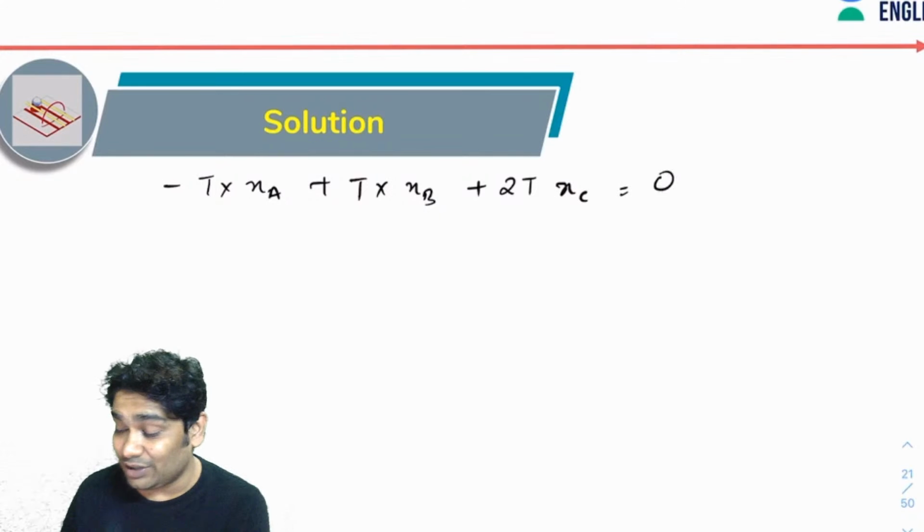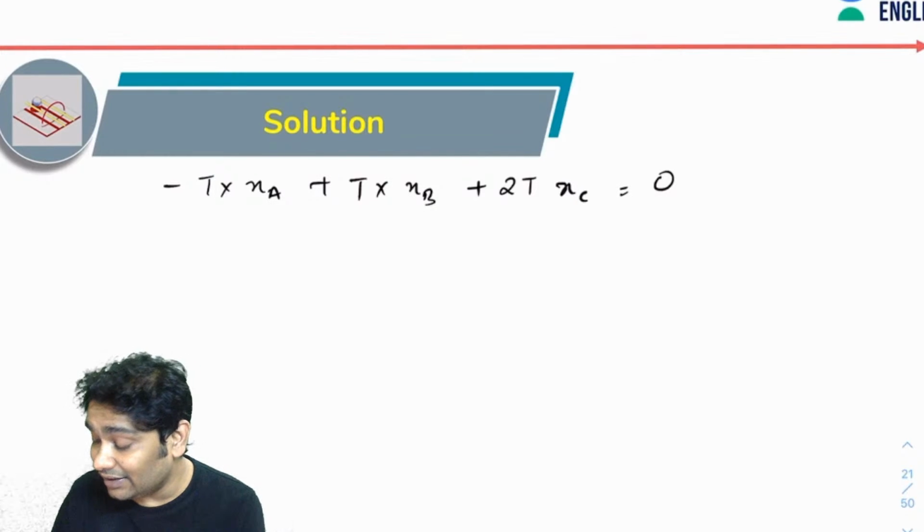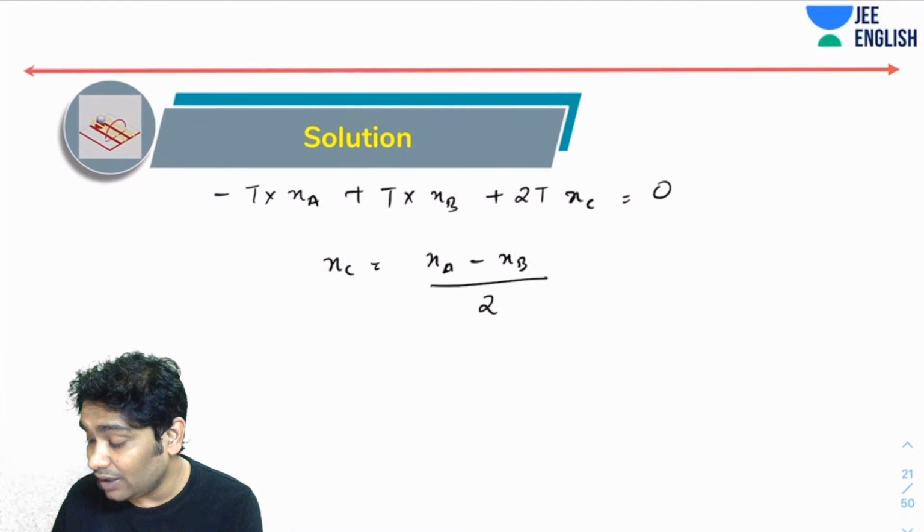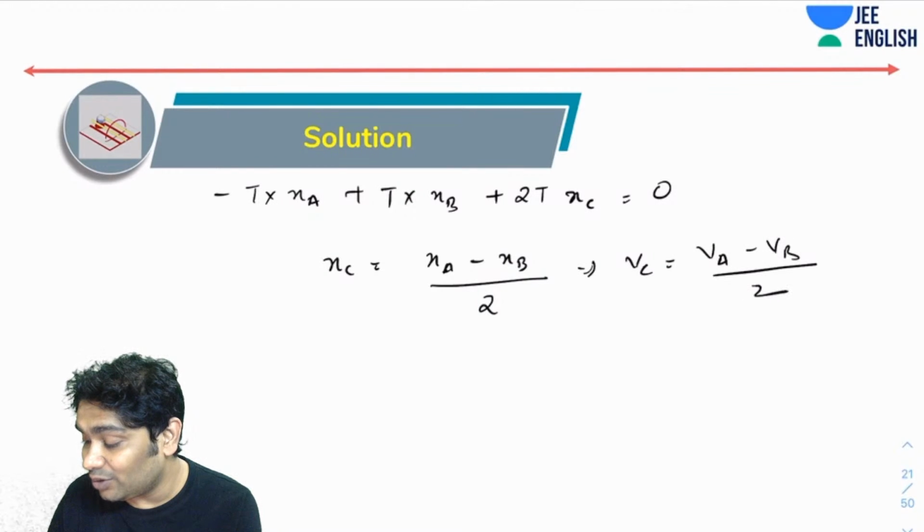This should be equal to 0, which would tell me that XC should be equal to XA minus XB over 2. So now, because of this, VC would be equal to VA minus VB over 2.